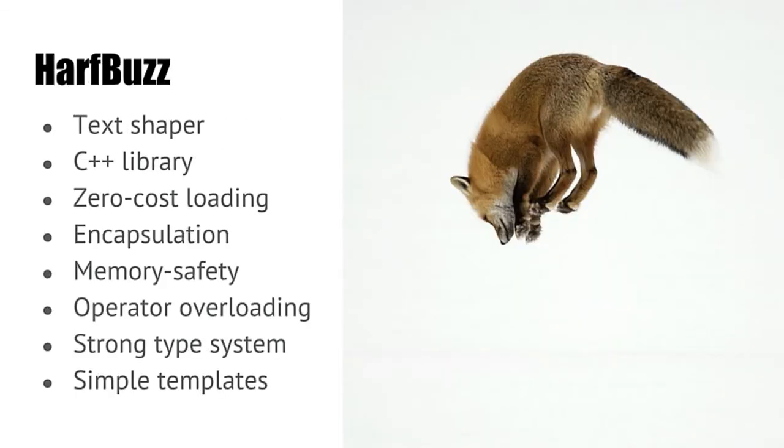And HarfBuzz, for those of you not familiar with it, is a text shaper. That's the piece of code that takes care of complex scripts, ligatures, Arabic joining, Indic reordering, those things. The reason it's a very convenient place to design the subsetter on top is it knows very well how GSUB and GPOS work, and GSUB and GPOS are one of the more complicated parts of subsetting.